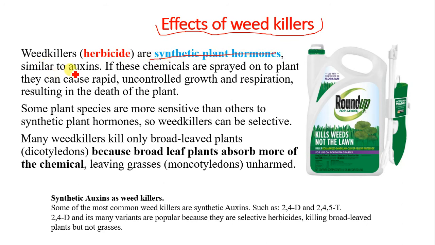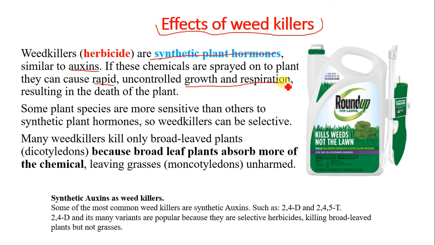Now, similar to auxins, if these chemicals are sprayed onto the plant, they cause what is known as rapid, uncontrolled growth and respiration, resulting in the death of the plant because the plant will not be able to respire to produce enough energy to keep up with the growth and rapid respiration.